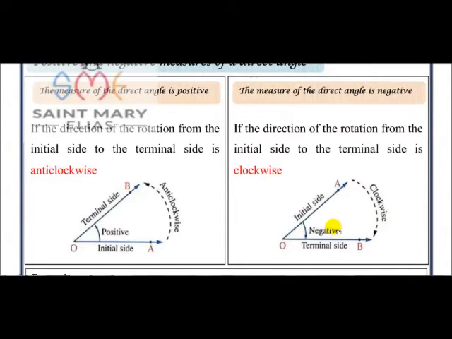Then the measure of my directed angle is negative. So the measure is positive if the rotation is anti-clockwise, and negative if the rotation is clockwise.